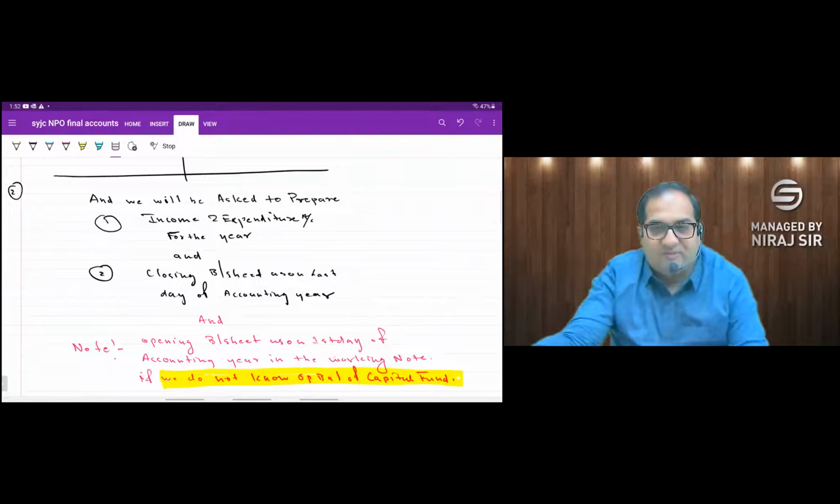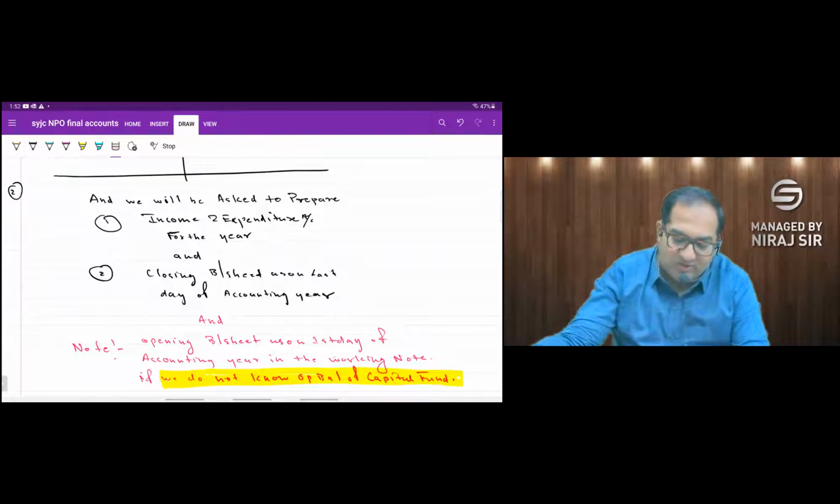See, actually speaking, we will be asked to prepare only 2 things: income and expenditure account for the year, correct, and closing balance sheet as on last day of the accounting year. But you know it very well that from receipts and payments account, you will never ever come to know opening balance of capital fund, right?